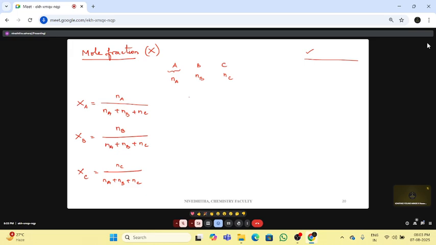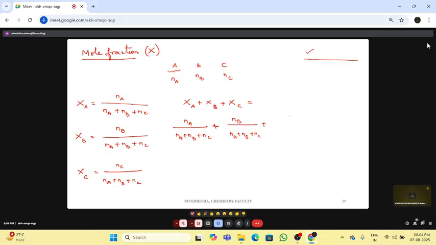And also you have to know that if you add all the mole fractions, then it will always be equal to what? You add and see. See, what is XA? Number of moles of A divided by total moles. What is XB? Number of moles of B divided by total number of moles.